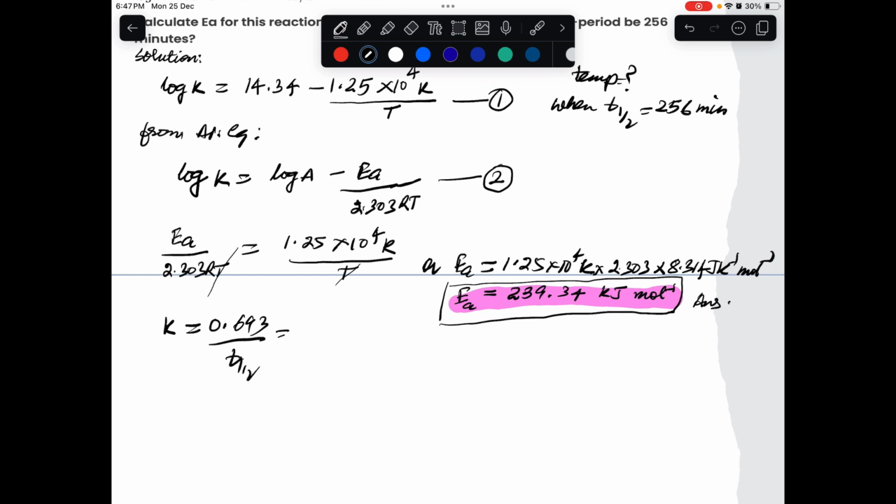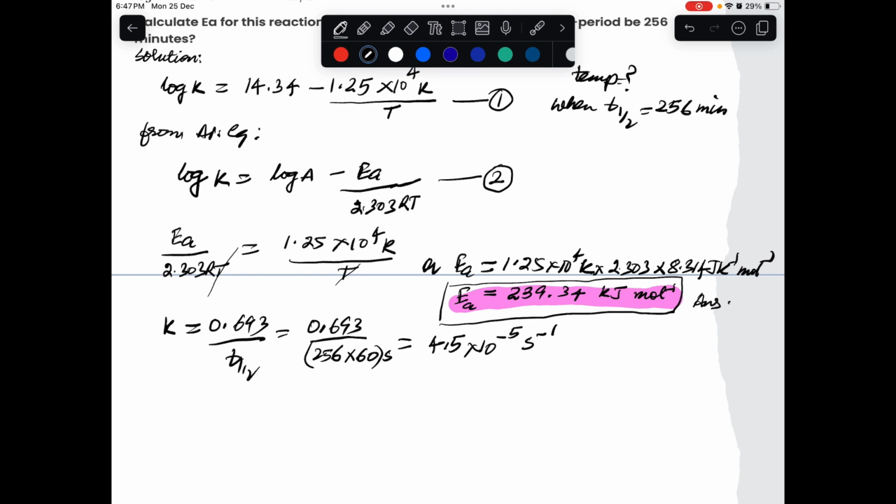This is equal to 0.693 and T half is given as 256 minutes. So we will be multiplying this with 60 to convert it in seconds. Okay, so we will be getting answer as 4.5 into 10 raised to the power minus 5 per second. This is the value of rate constant.